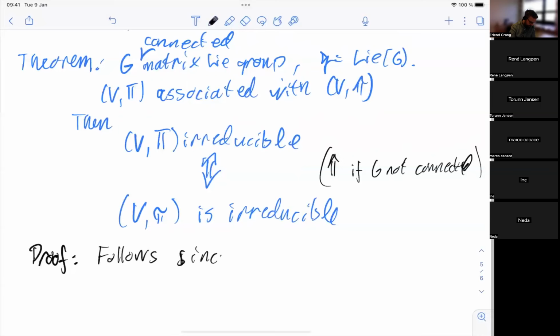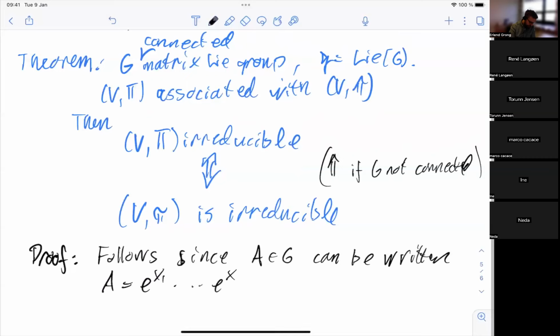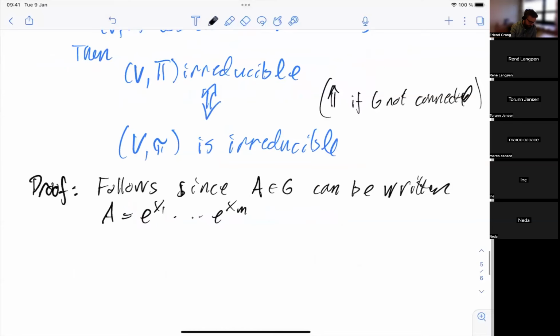Since A in G can be written as, what we talked about last time, if you have a connected Lie group, then all of your elements are products of exponentials.